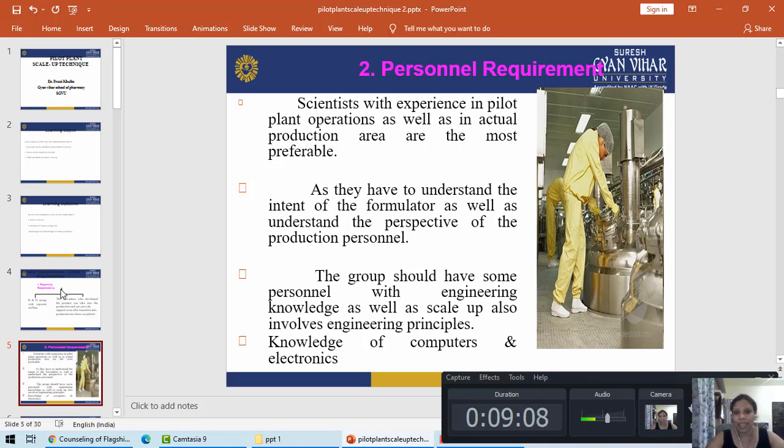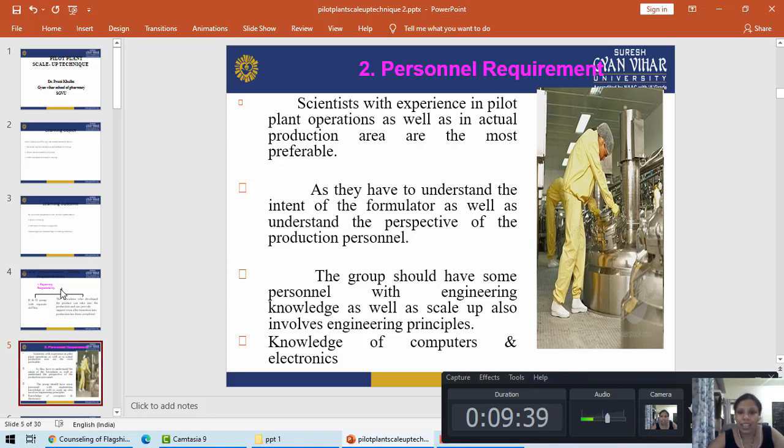Scientists with experience in pilot plant operation as well as in actual production area are the most preferable. Scientists who have experience of the pilot plant will be taken for the pilot plant scale up of any formulation.